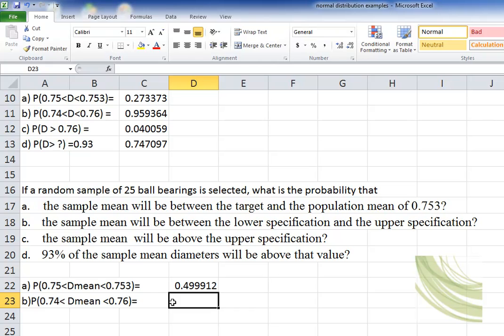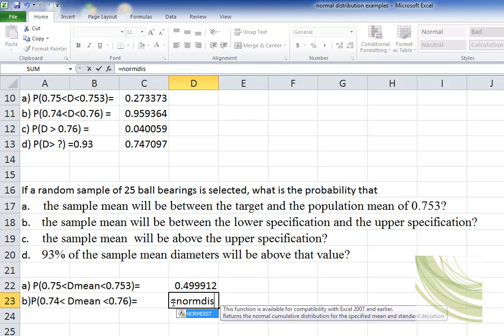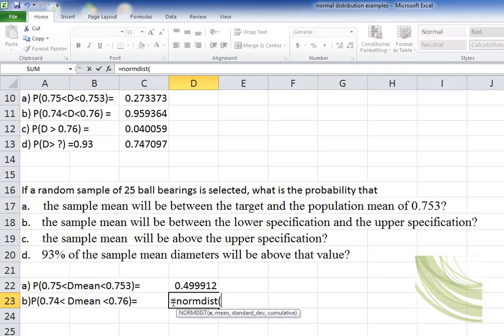So we say this is equal NORM.DIST. We put 0.76, comma, 0.753, comma.